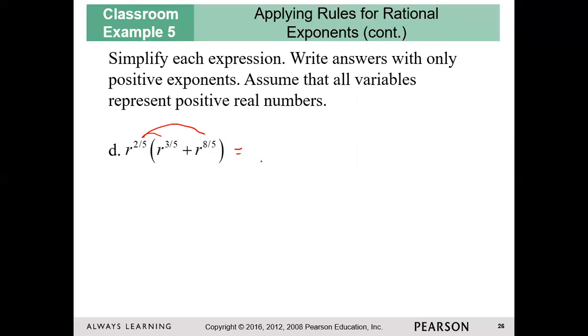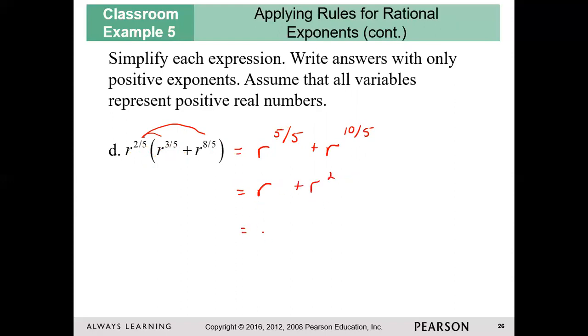And what that's going to do for us is give us r to the, let's see here, add that common denominator to the 5/5, because when you're multiplying like bases, you add the exponents. So 2/5 plus 3/5 is 5/5, or just r to the first power. And then over here, this is going to be r to the 10/5, which is just r squared. And that's it.